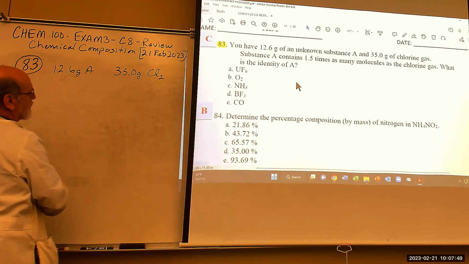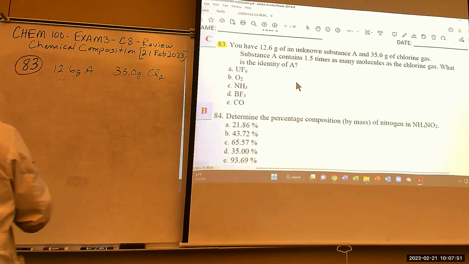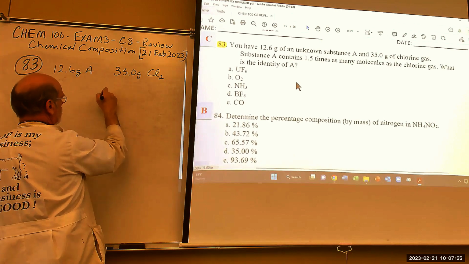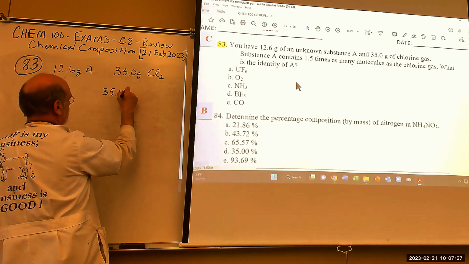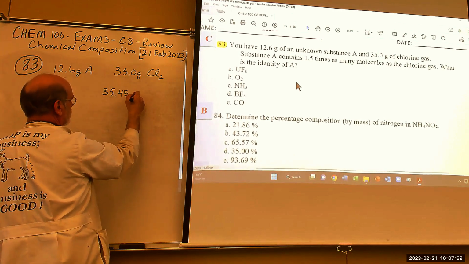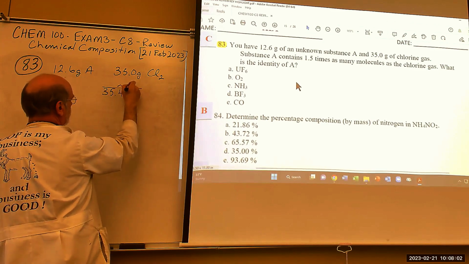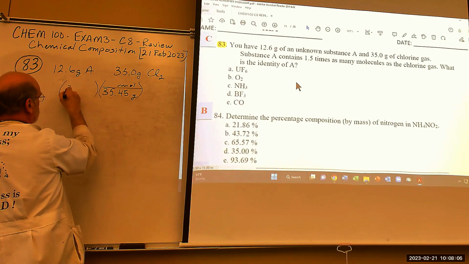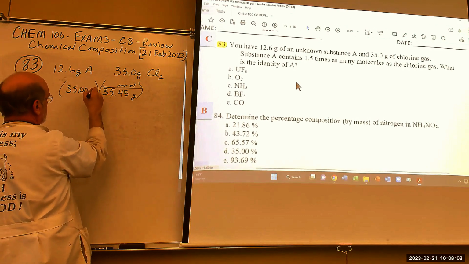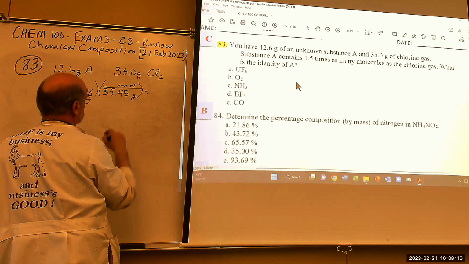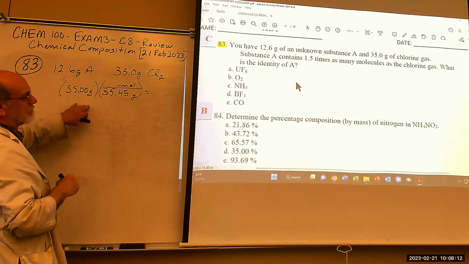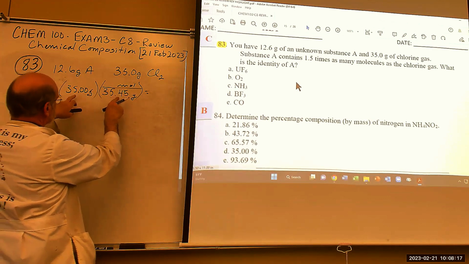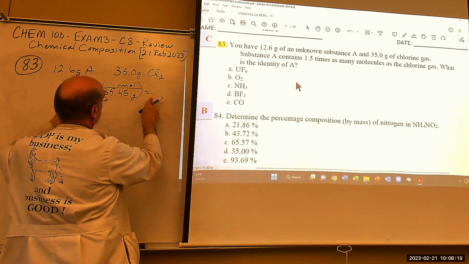how many moles is that? We know chlorine gas is 35.45 grams per mole. So if we convert this, that's about 1 mole.